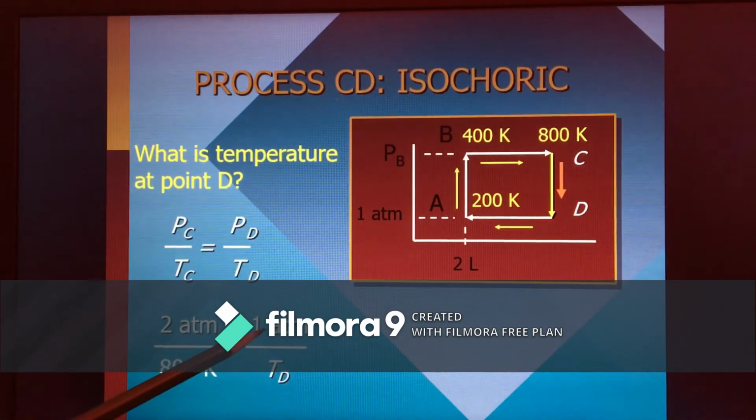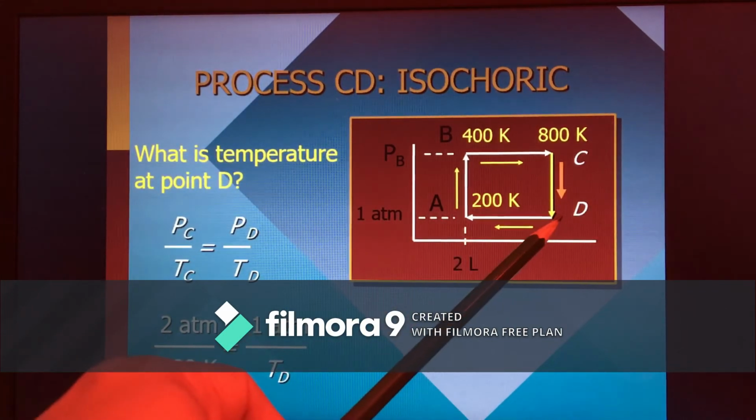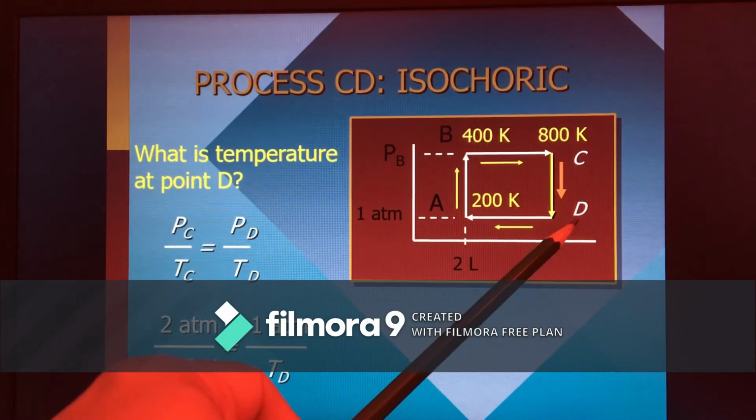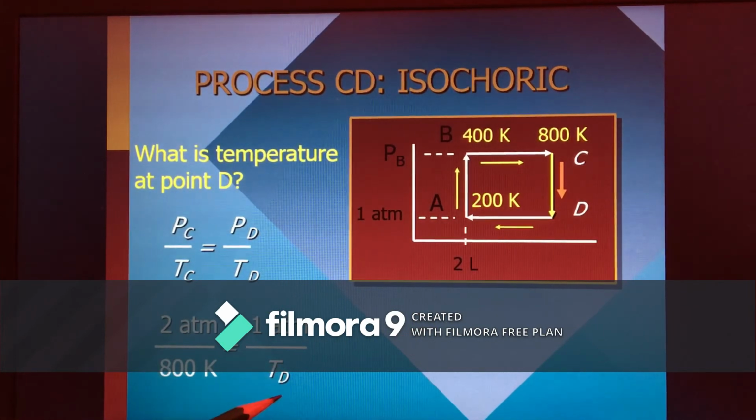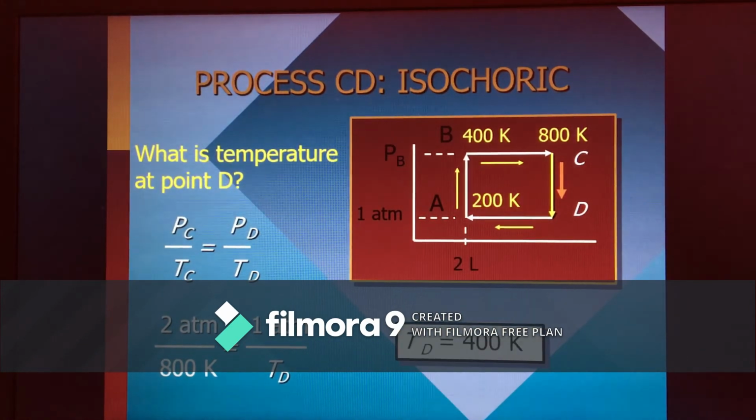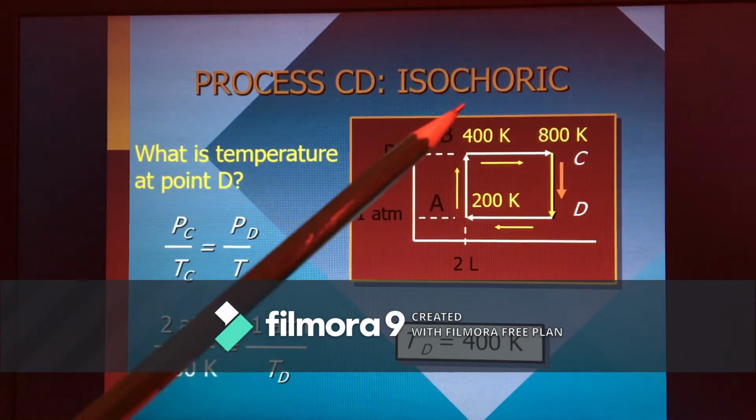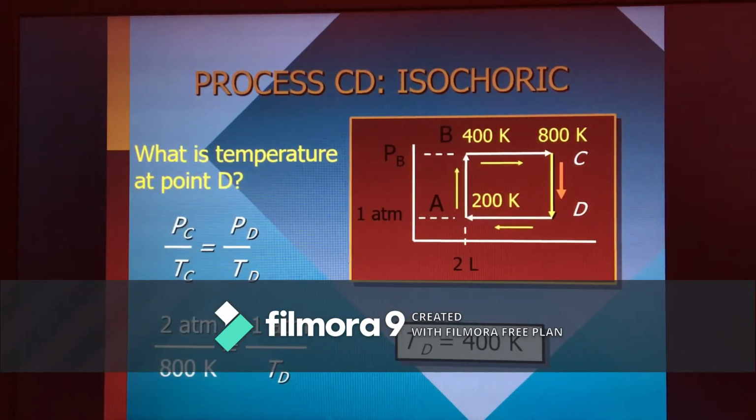So we have 1 atmosphere here, then the unknown, which is the temperature at point D. Solving for TD, the temperature at point D, we have TD equal to 400 degrees Kelvin. Okay, so that's for the isochoric process from point C to point D.